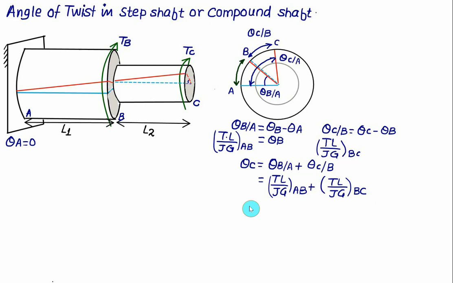So whenever we have multiple torques, we can calculate theta as the summation of TL by JG. If you have a uniform diameter and the same material, you can take J and G common and simply add T1 L1 plus T2 L2, labeling the different shafts as 1, 2, 3, 4.